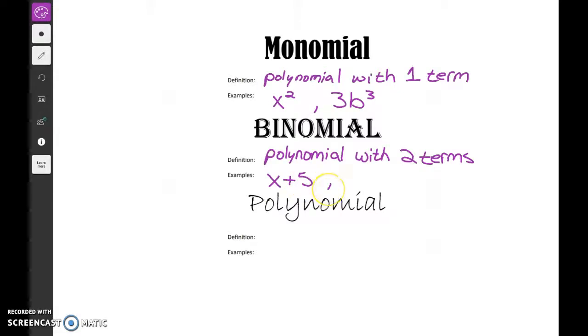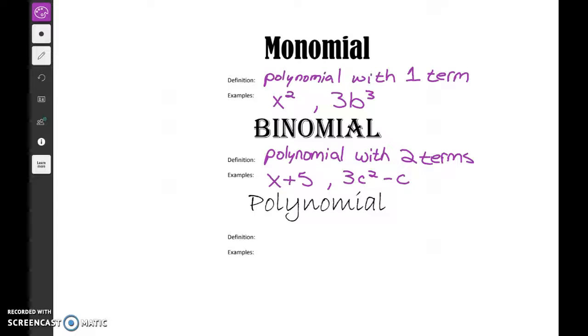Or you could even do 3c squared minus c. Both of those would be examples of binomials. We also have a trinomial, which isn't included in these notes. Remember, a trinomial has three terms.